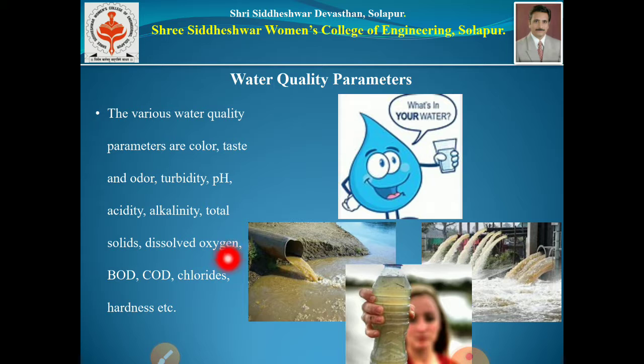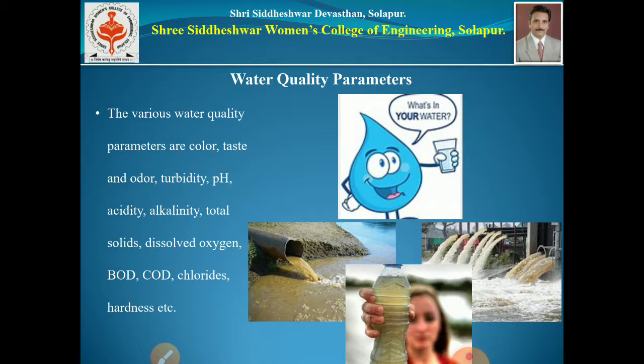Dissolved oxygen is a very important quality parameter. If water contains less oxygen, that is problematic for our health. And based on this dissolved oxygen, there are two parameters: BOD, biological oxygen demand, and COD, chemical oxygen demand.